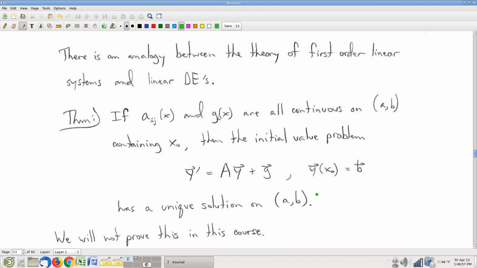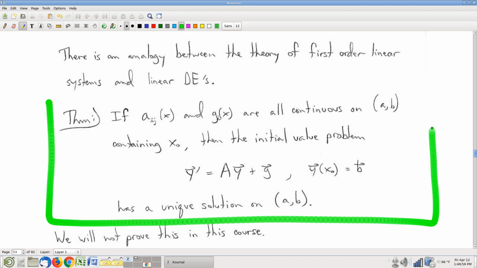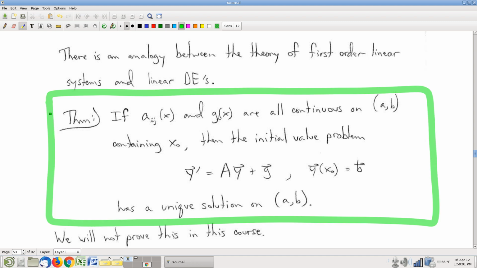Okay, next big step in that analogy. This theorem is the chapter 6 analog of one of the first things that we wrote down in chapter 4. Back in chapter 4, one of the first things we wrote down was our existence and uniqueness theorem. We needed our existence and uniqueness theorem to shelter us from the horrors of anomalous, weird things that can happen if you don't make certain nice assumptions about the nature of the differential equation.